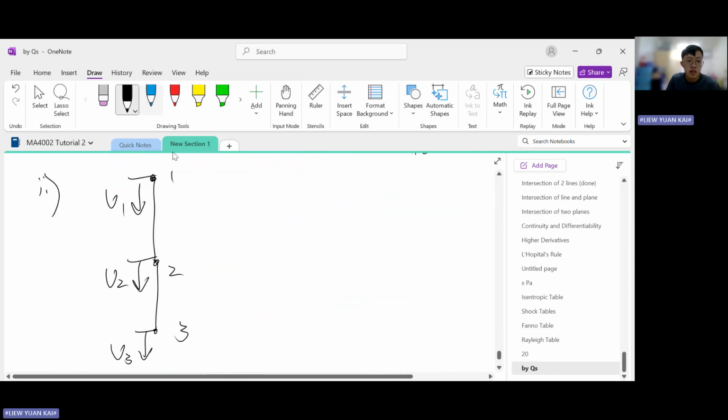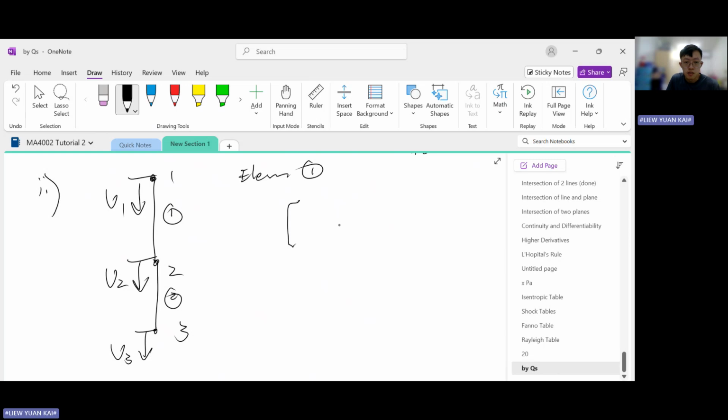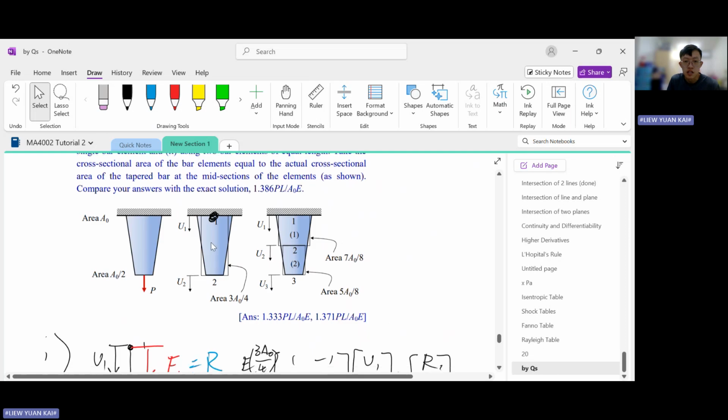This is element 1, and this is element 2. For element 1, we need to write down the element matrix, which is [1, -1; -1, 1]. Here we substitute in the Young's modulus, then the cross-section area, which is 7 A naught over 8.